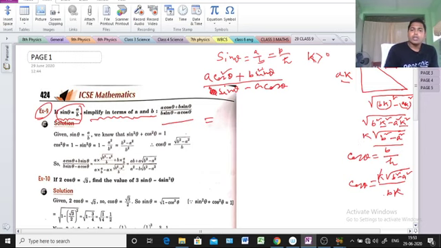Okay, now we find out the value. So just put the values only.